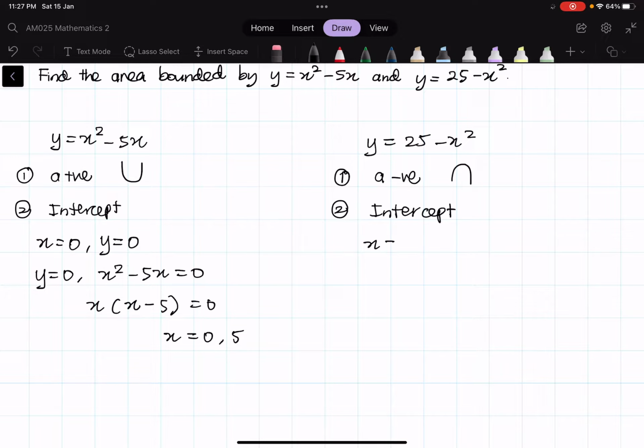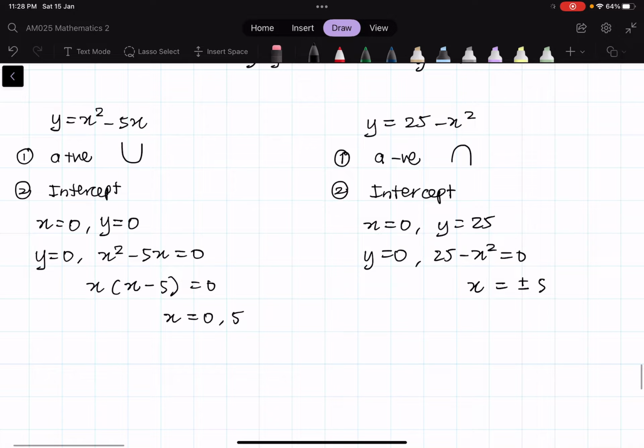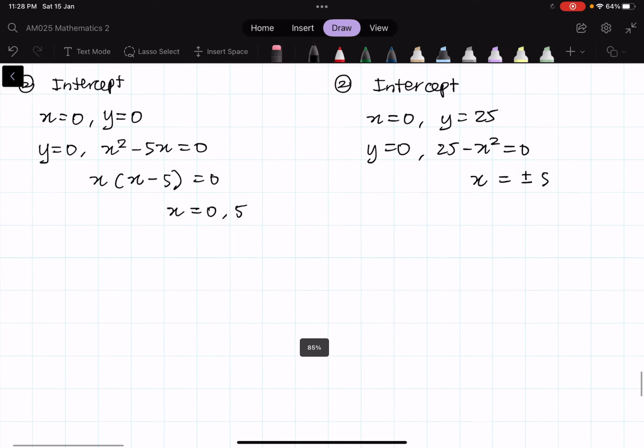When x equals 0, the y-intercept is 25. And if y equals 0, then 25 minus x squared equals 0, and x equals plus or minus 5. These are the x-intercepts.